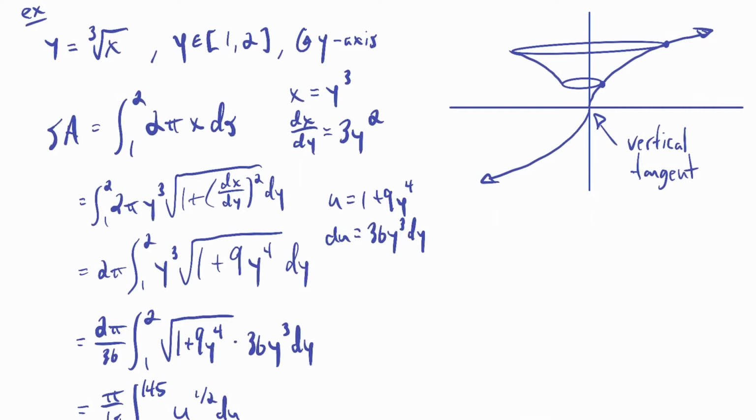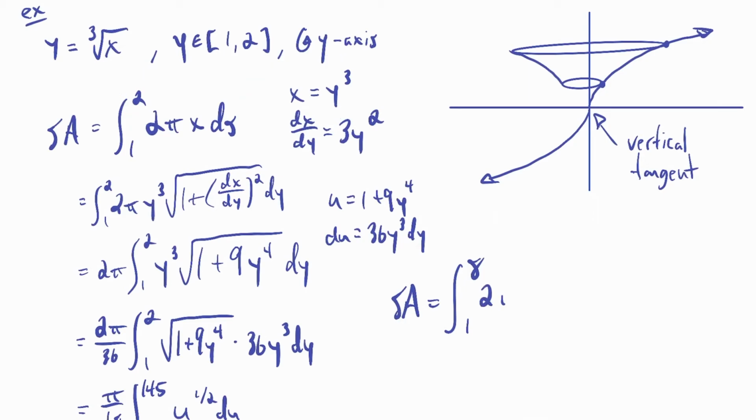So the surface area, well, that's going to equal the integral. And since we're going to do with respect to dx instead, my integral is no longer 1 to 2. It's now 1 to 8. Okay. I have to do a change of variable since I'm using dx, not dy. So the 2 gets cubed to make 8. Okay.